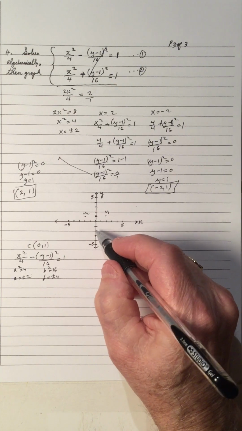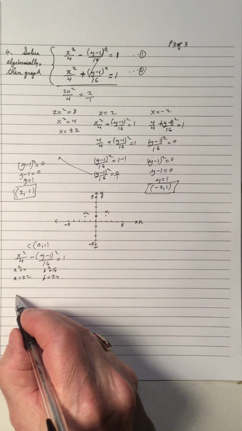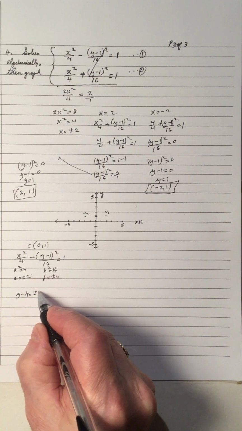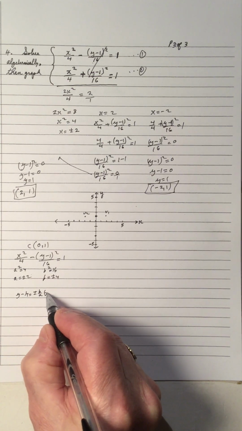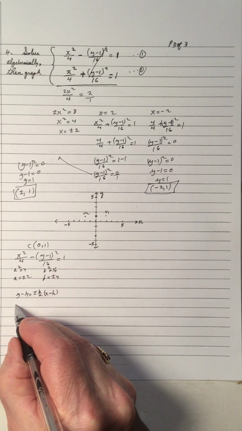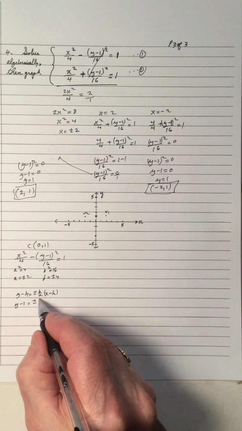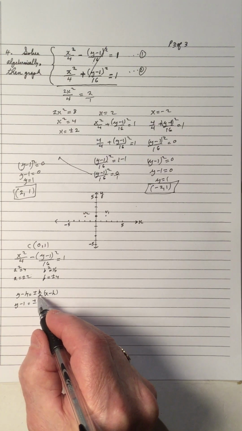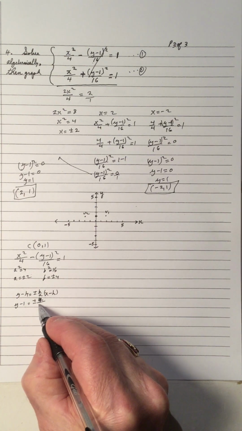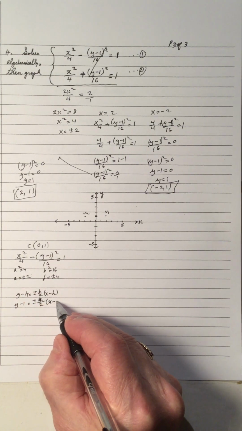Because it's a hyperbola, we have asymptotes, which are y minus k equals plus or minus b over a times x minus h. The center is 0, 1, so that's y minus 1 equals plus or minus, b is 4, a is 2, and the x is 0, so x minus 0.